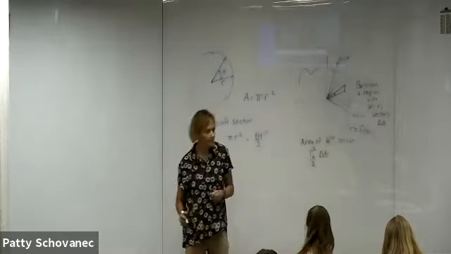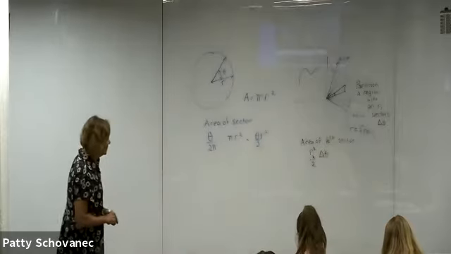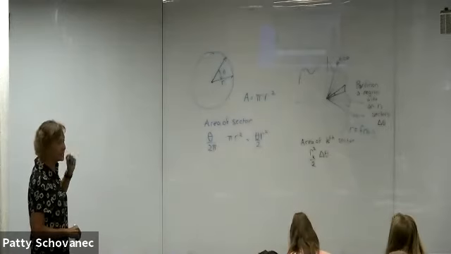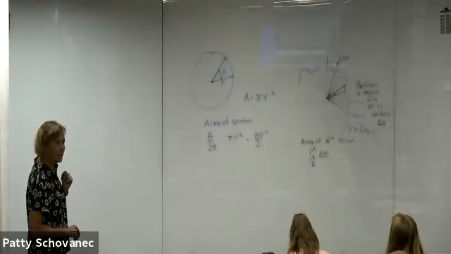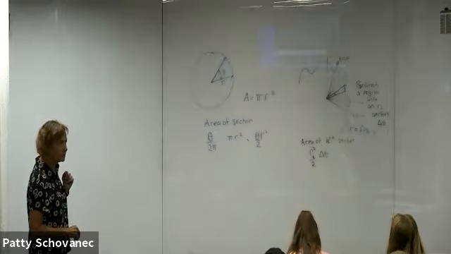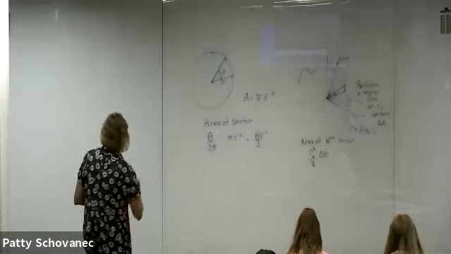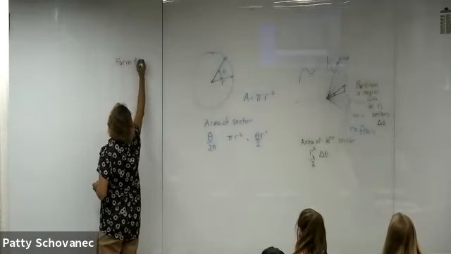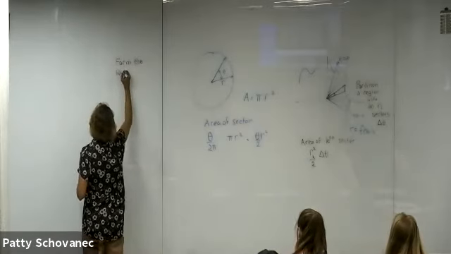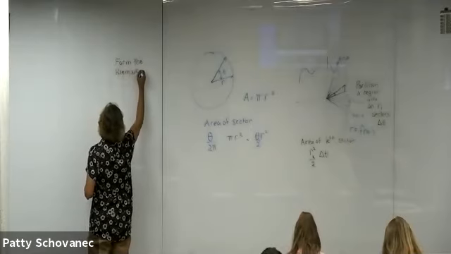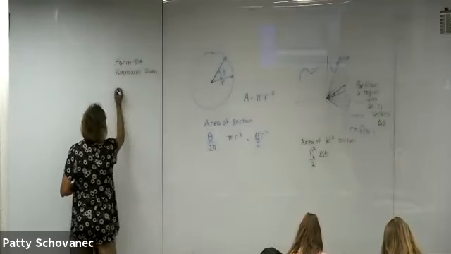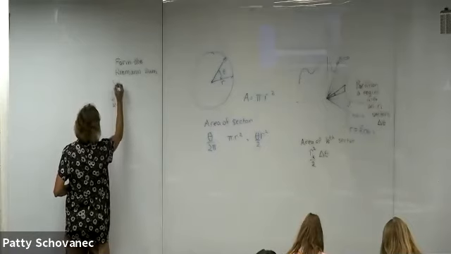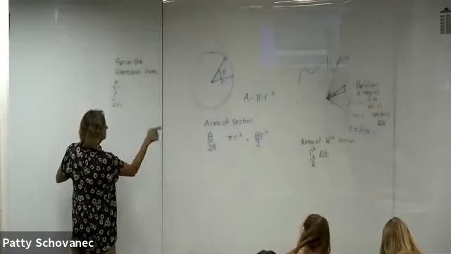So I've got a whole bunch of them. I'm going to add these up from k equal to 1 to n, and then I'm going to let n go to infinity. So I add them up with a Riemann sum. The sum from k equal to 1 to n of pieces that look like that.